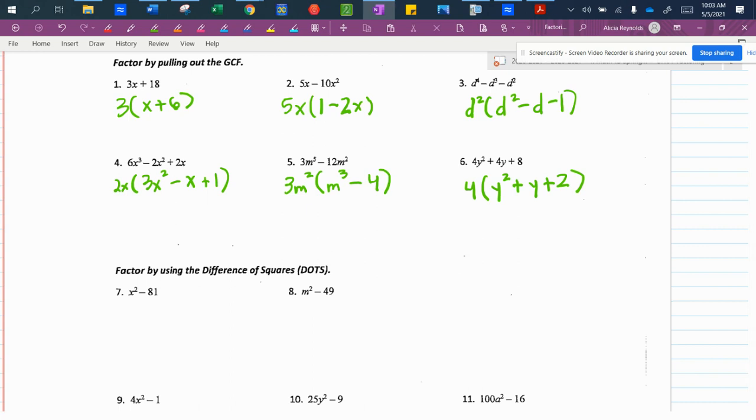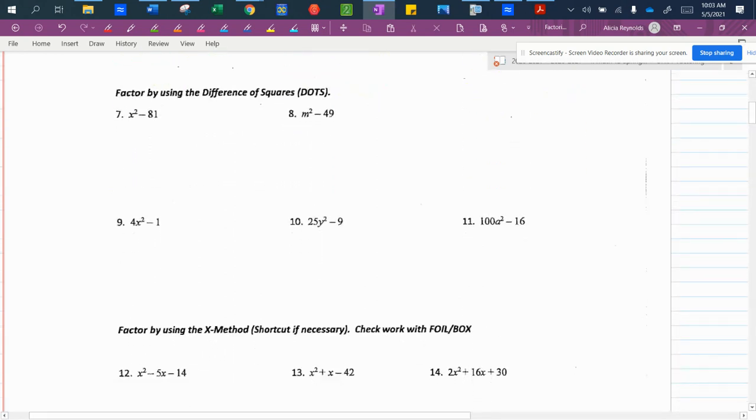Questions on 1 through 6? Okay, now you got these? All right, difference of squares. I'm going to leave 7, 8, and 9 for you, and I'll do 10 and 11. Number 10, we should get 5y plus 3 times 5y minus 3.